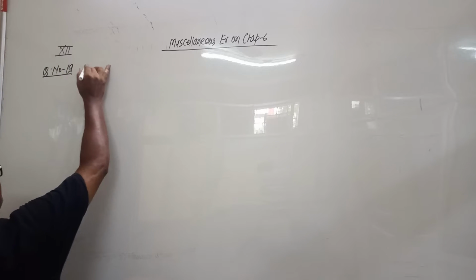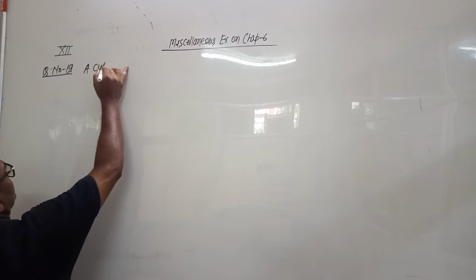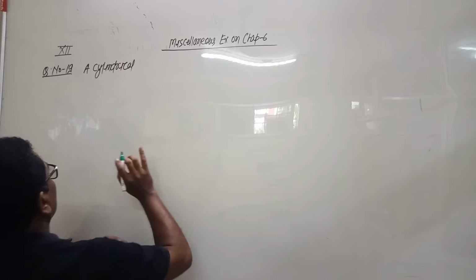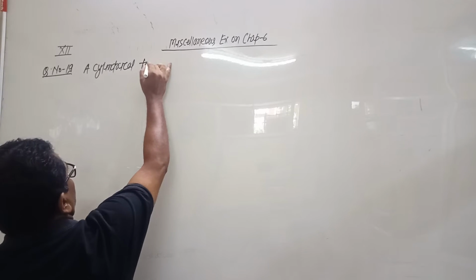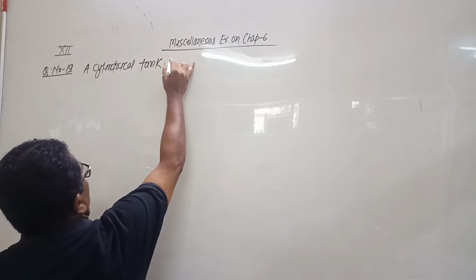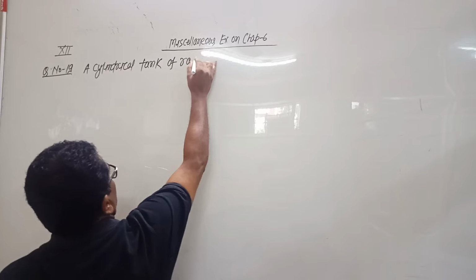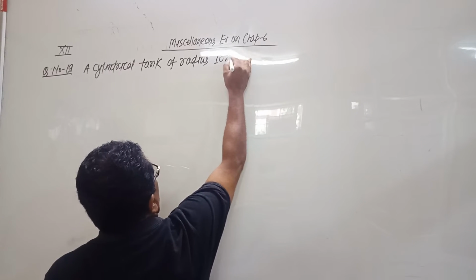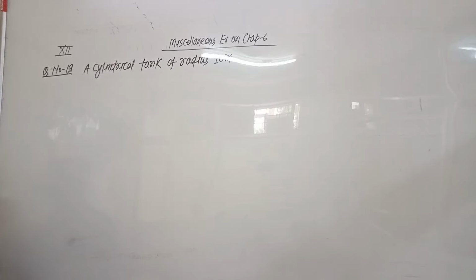A cylindrical tank of radius 10 meter. We are given the cylindrical tank and its radius is 10 meter, is being filled with wheat.